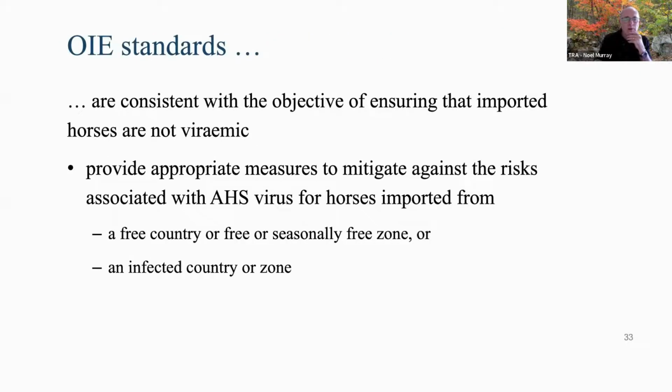So essentially, the OIE standards are consistent with the objective of ensuring that the imported horse or horses are not viremic. They provide an appropriate measure to mitigate against the risks associated with African horse sickness virus for horses imported from either a free country or free or seasonally free zones or an infected country or zone.